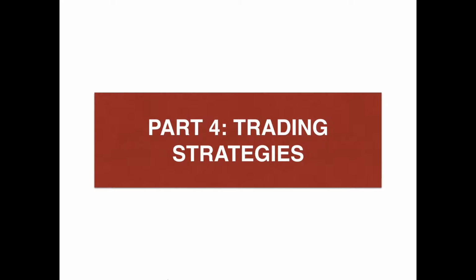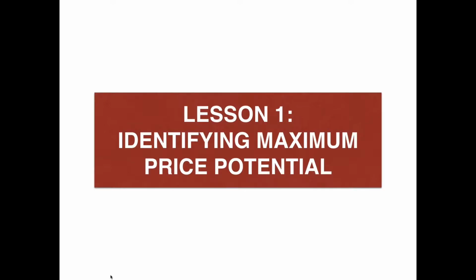Now, we are able to identify the maximum price potential of stocks using the monthly chart. At this point in our webinar, you already know how to identify potential winners and how to assess the strength of each Ichimoku signal.